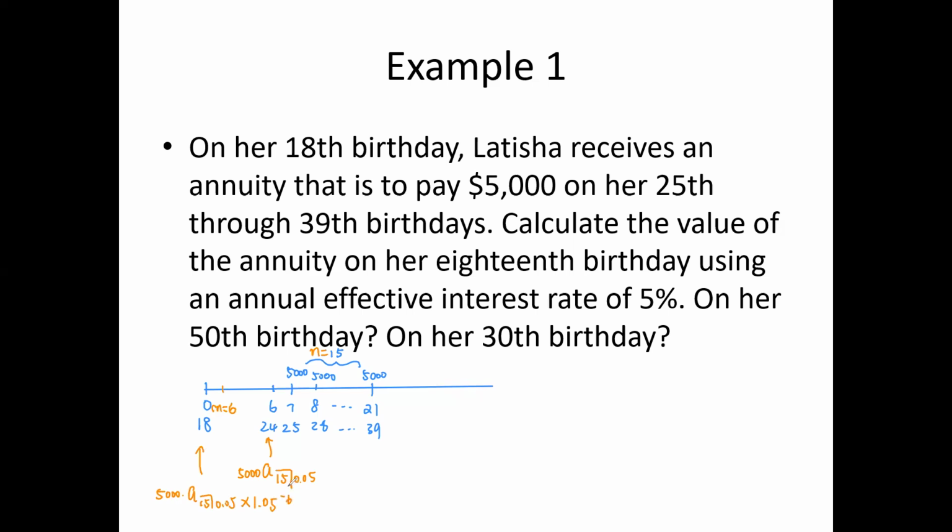That's the value we're looking for. And then we worked it out: 5,000 times 1 minus 1.05 to the negative 15 over i, which is 0.05, then multiplied by 1.05 to the negative 6. This value is 38,727.30.